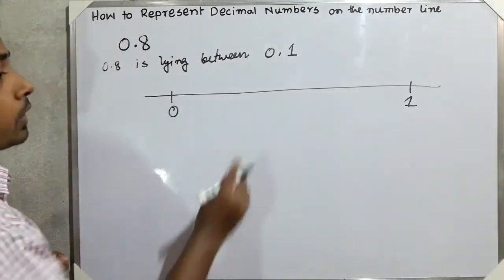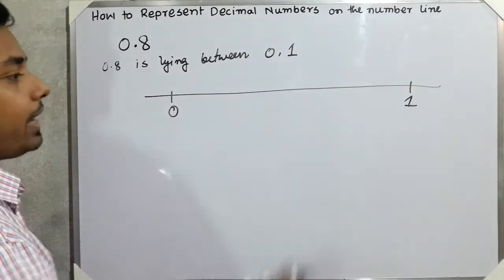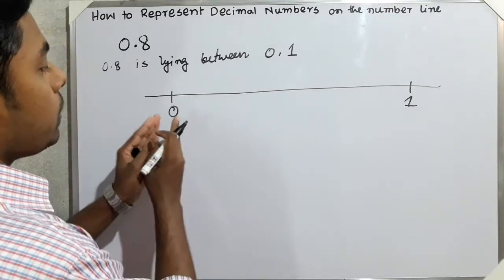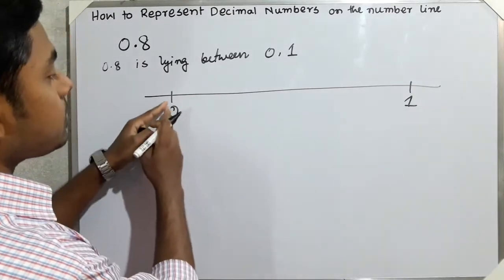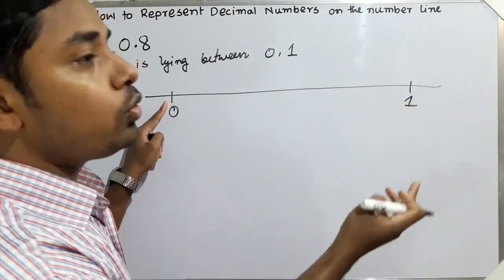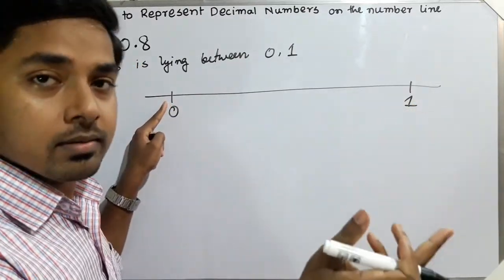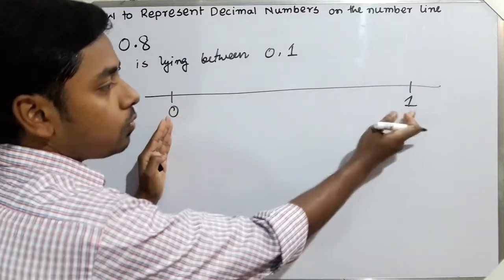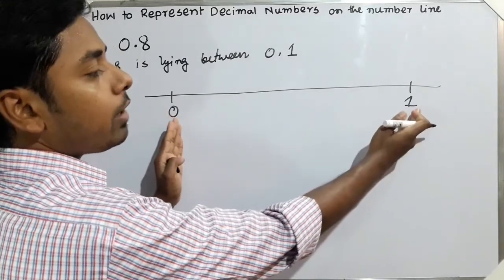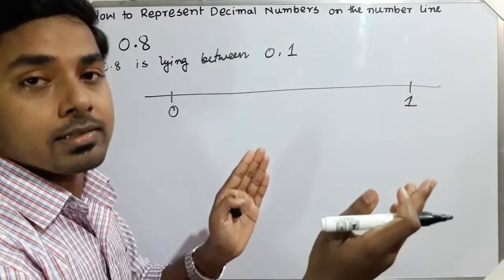Clear? So what is the next step? The next step, you have to divide the distance from 0 to 1 into 10 equal parts. Clear? From 0 to 1, this distance you have to divide into 10 equal parts.